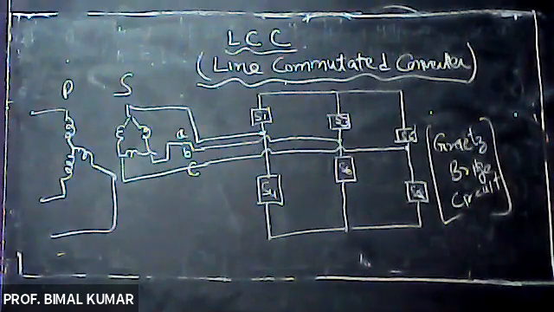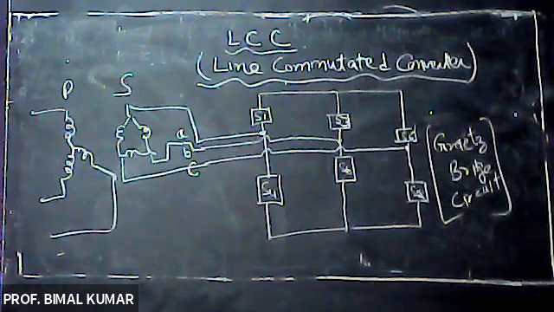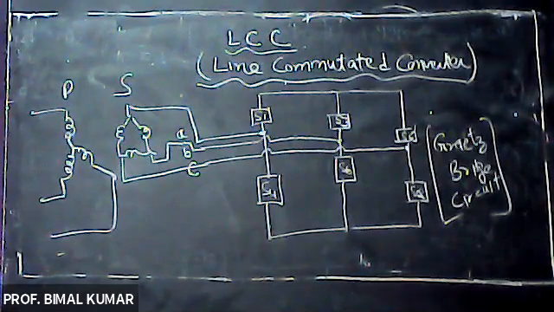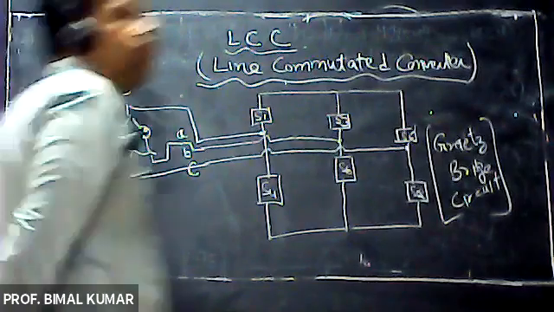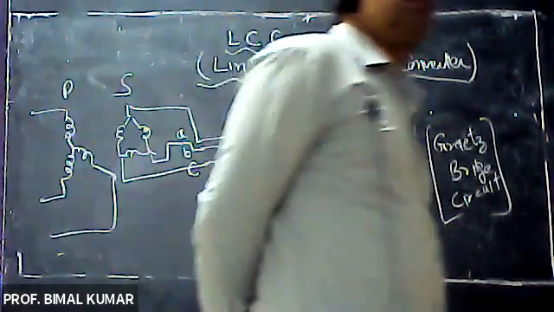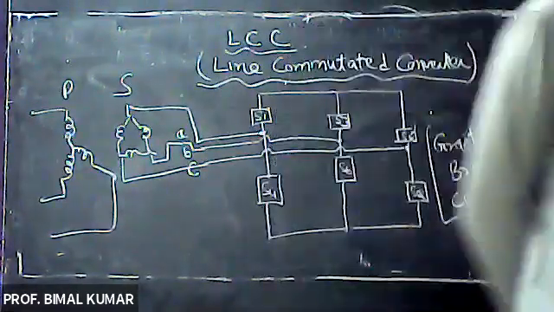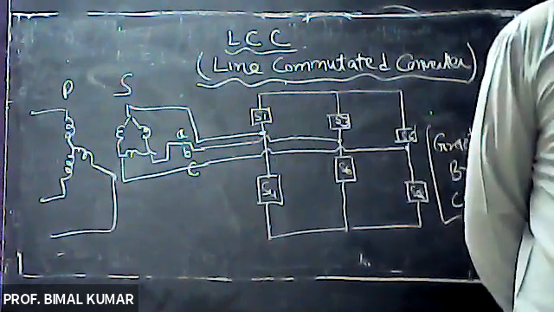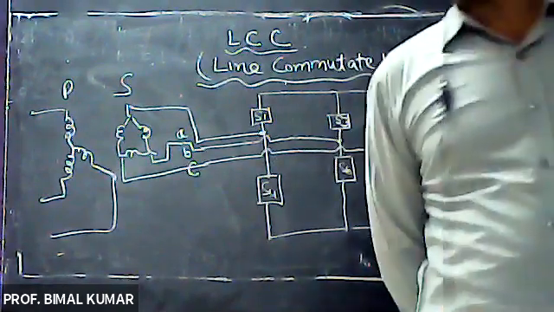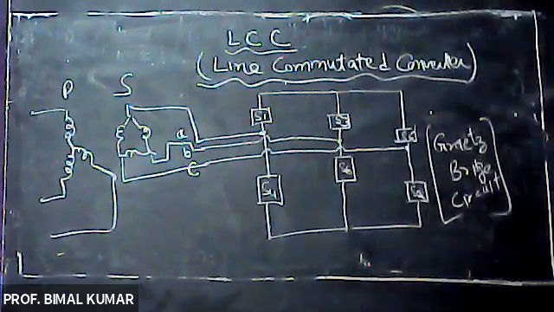So that's why an auto transformer cannot replace this ordinary transformer in the case of LCC, the line commutated converter. Because if we just use an auto transformer, there is no physical separation between the primary and secondary of the transformer. So in case of a fault on the primary side, the secondary side will also be affected.